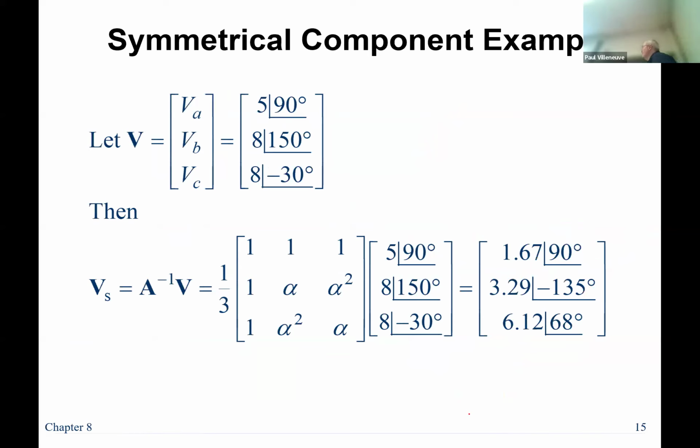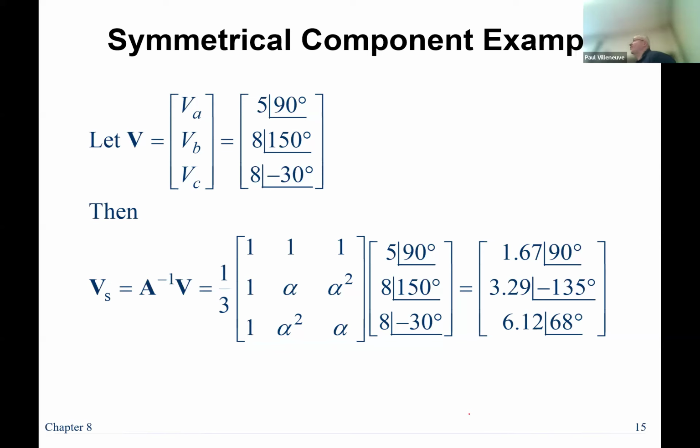All right, so now let's take a look at voltages that are not balanced. And you can see one has a magnitude of 5. The other two have a magnitude of 8. And one has an angle of 90, which is 120 degrees from minus 30, right? But then you'll notice that you have that 150 in there.